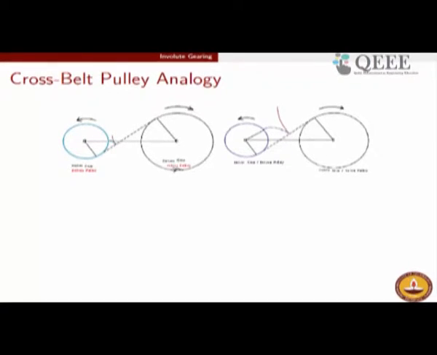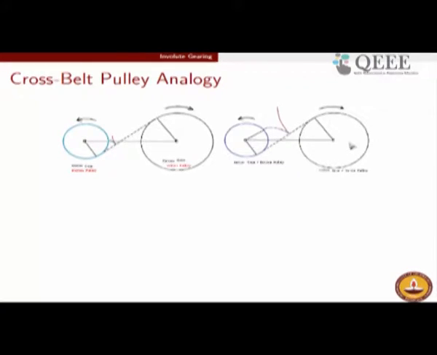So, this is what happens at an early instant of time if the motion is recorded after a certain lapse of time. In such a case, this point would have moved here, and the involute, as you see, on the smaller disc is going in the outward direction, whereas the involute profile which is coming onto the larger gear is getting generated inward. So, one involute is getting generated outward and the other involute is getting generated inwards.